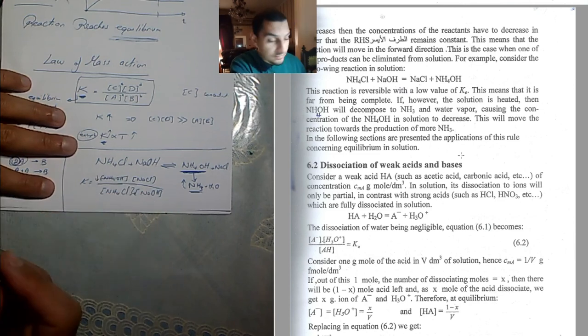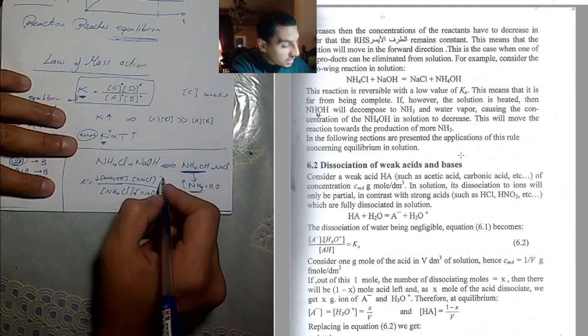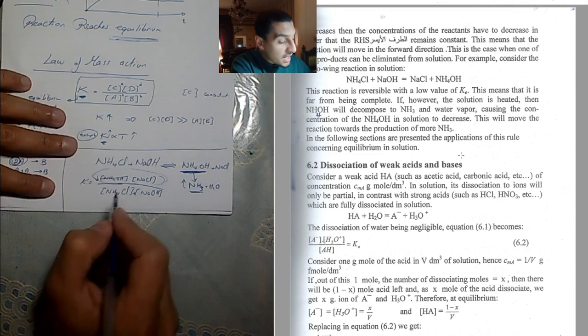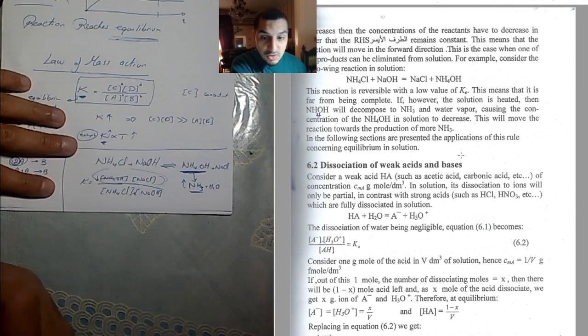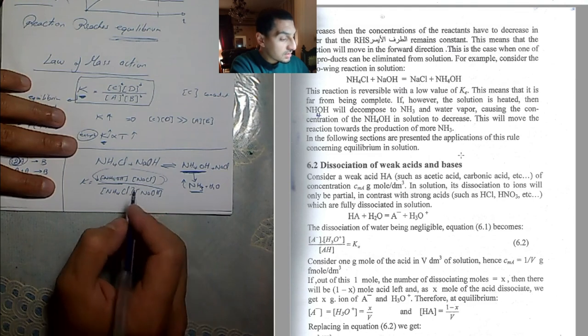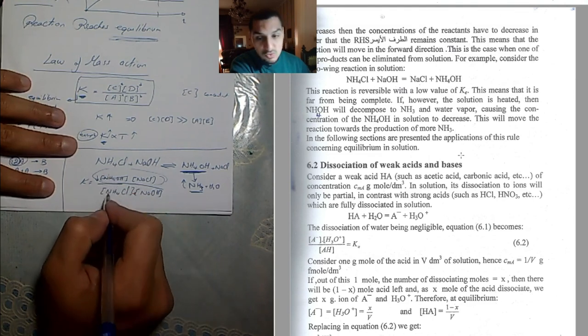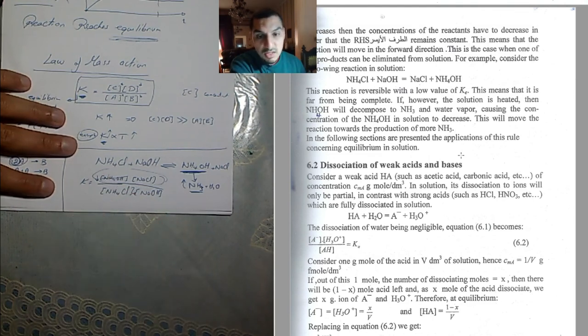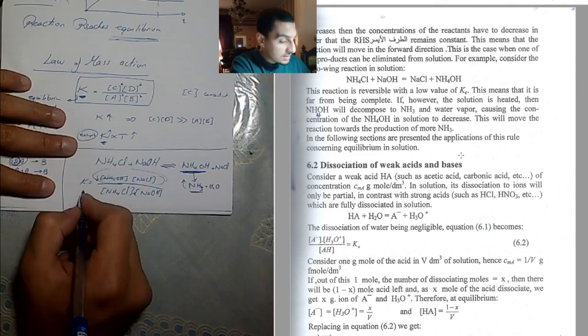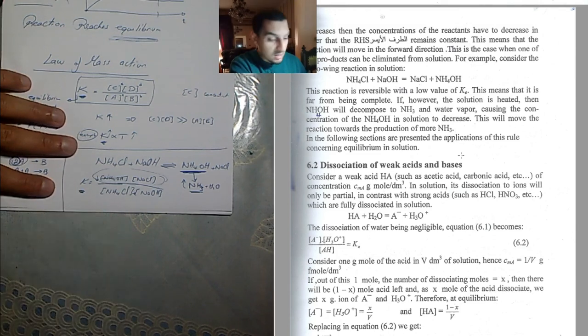So I have a decrease or depletion in the ammonium hydroxide, which means that the numerator gets lower. And in this case, the reaction would be forced to go into the forward direction until the ratio between the numerator and the denominator satisfies the value of K.